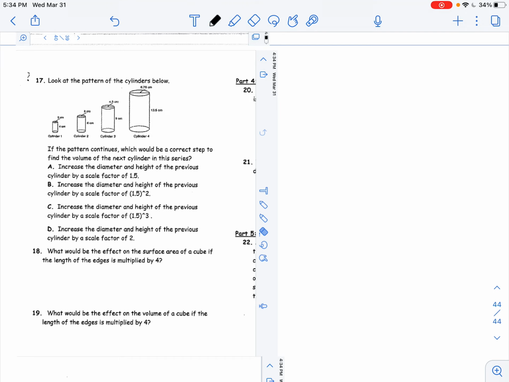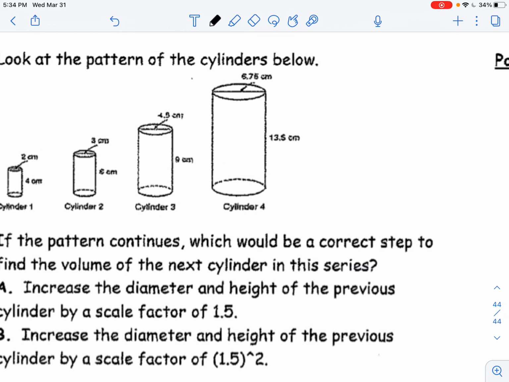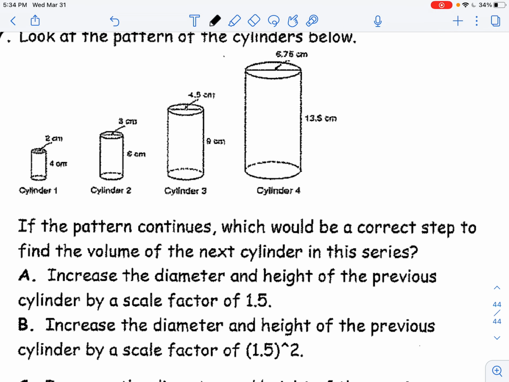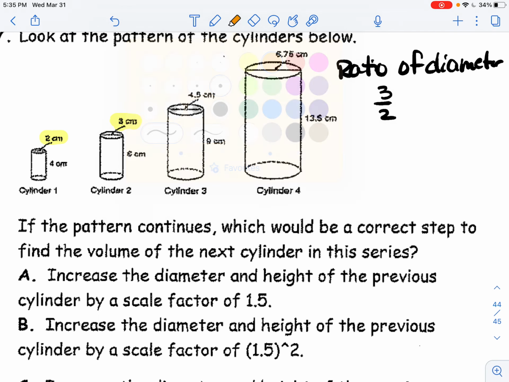And number 17, it says, look at the pattern of the cylinders below. If the pattern continues, which would be the correct setup to find the volume of the next cylinder? All right, so let's find the ratio. See if I can zoom in a little bit. I'm going to go ahead and take some of these easier numbers. I can see that the ratio of the diameter is 3 to 2.